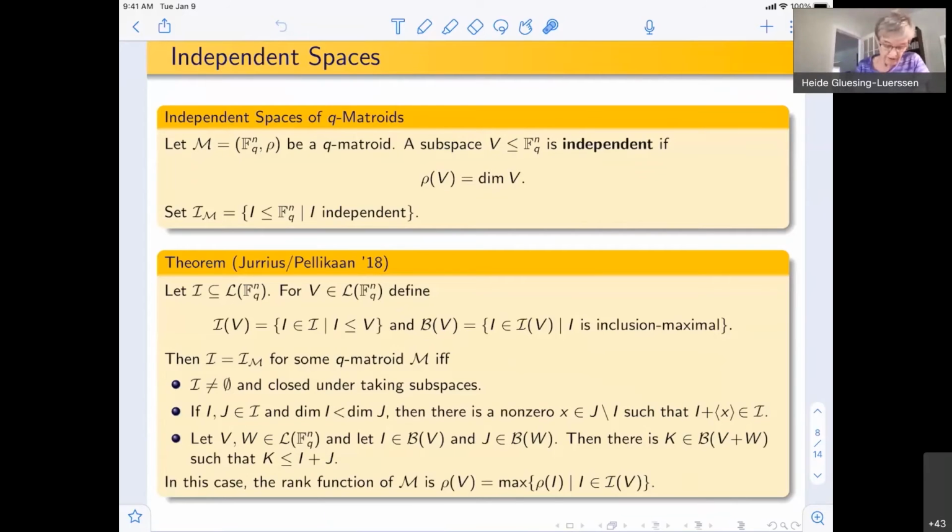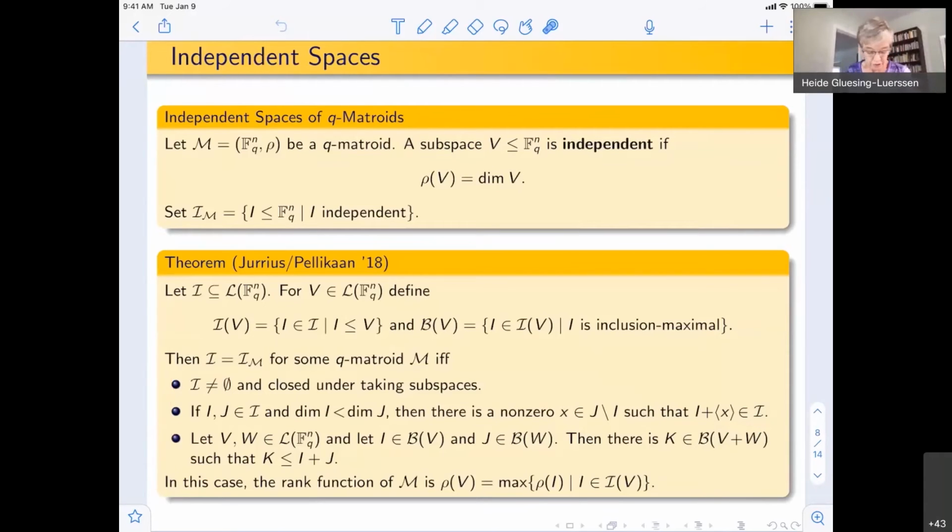And it also has the extension property, the second one here, which says that every independent space can be properly extended to a larger independent space by adding a suitable non-zero vector from a larger dimensional independent space, similar to linear algebra, if you want. These three are kind of the analog of the classical case. The last one is really needed, which is the q version, which is where life is so much harder.